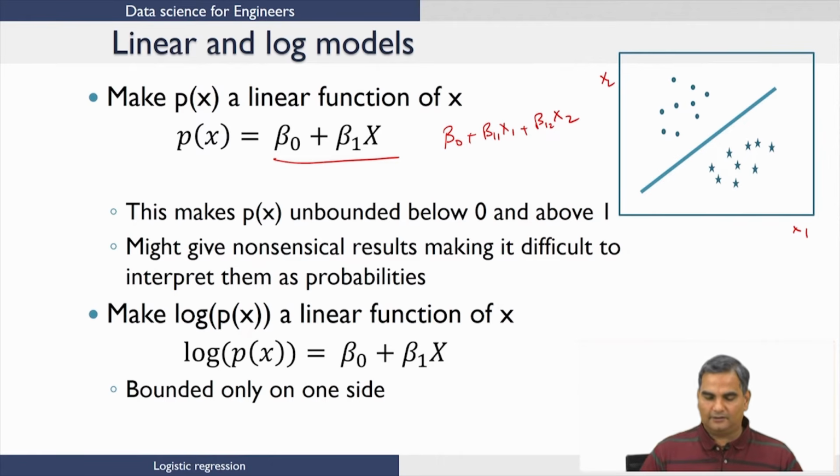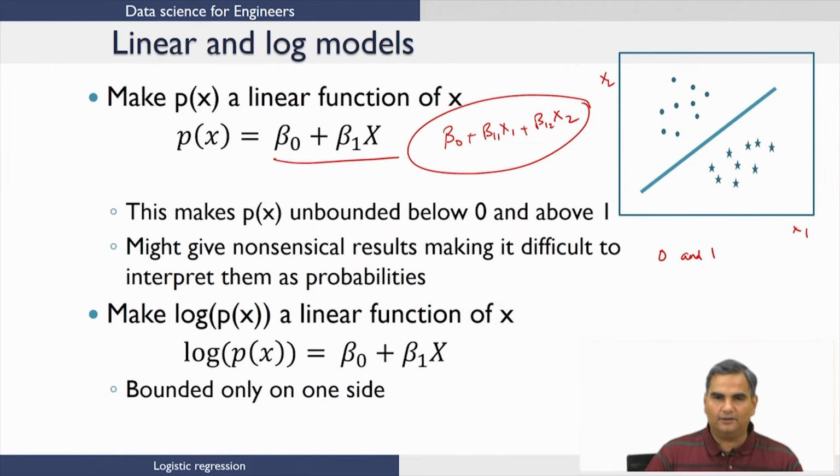this p of x is not bounded because it is just a linear function, whereas you know that the probability has to be bounded between 0 and 1. So, we have to find some function which is bounded between 0 and 1. The reason why we are still talking about this linear function is because this is the decision boundary.